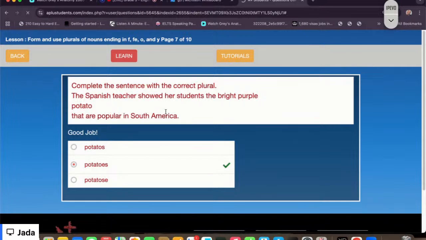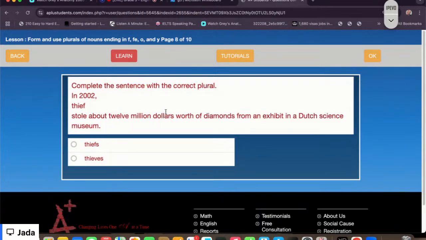All right, so potatoes. In 2012, thieves stole about $12 million worth of diamonds from an exhibit in a Dutch science museum. What's the answer here?